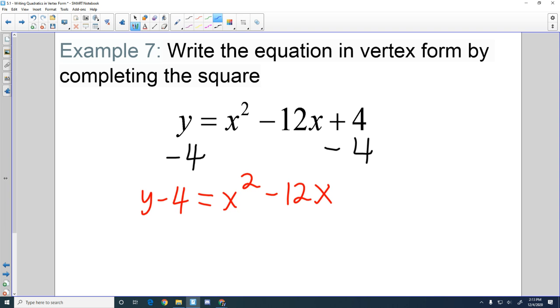What is the magic number that we want for this problem? 36. You take half of negative 12, and you square it. I want this to be a plus 36. So I go ahead and add that on both sides.